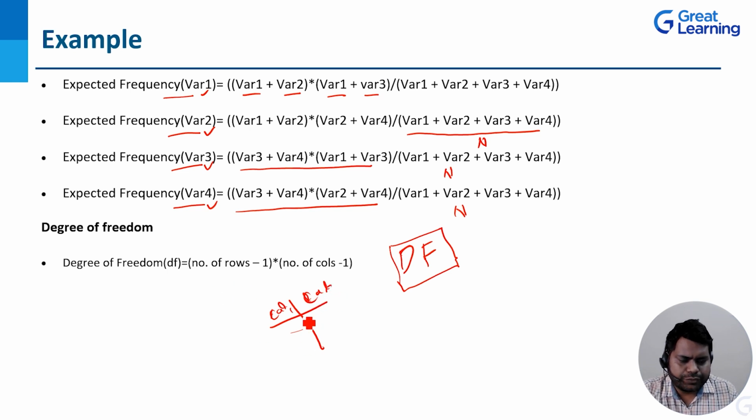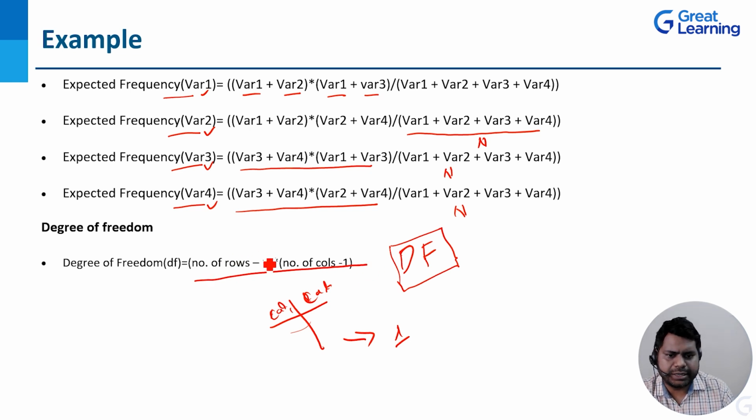So we can say that with only one variable, we can identify the second one, or we can use this formula to identify the degree of freedom. That is number of rows minus 1 multiplied by number of columns minus 1. So number of rows are 2 minus 1 multiplied by number of columns, that is 2 minus 1, that is 1. So we can say that for this example, degree of freedom is 1. Now let me clean this.